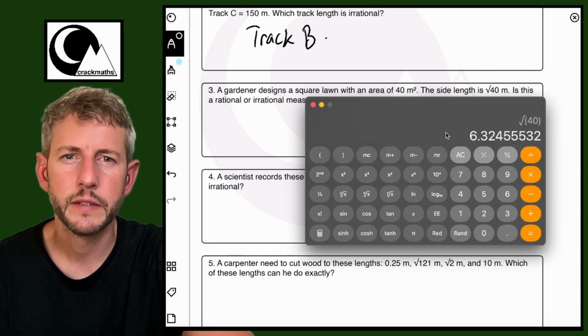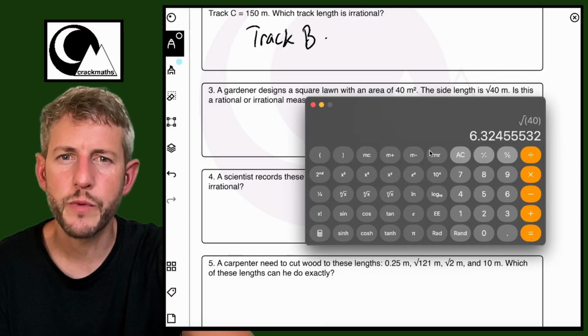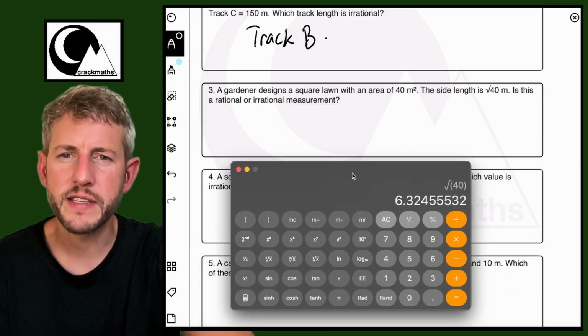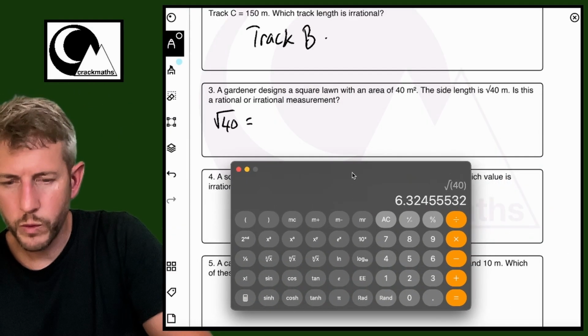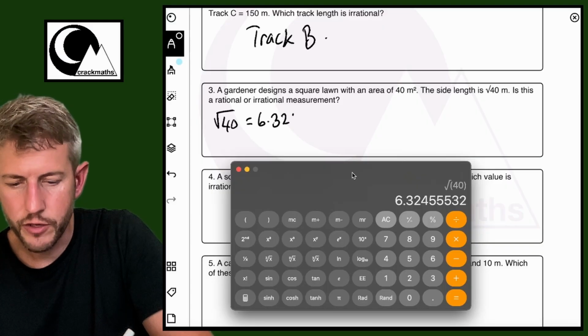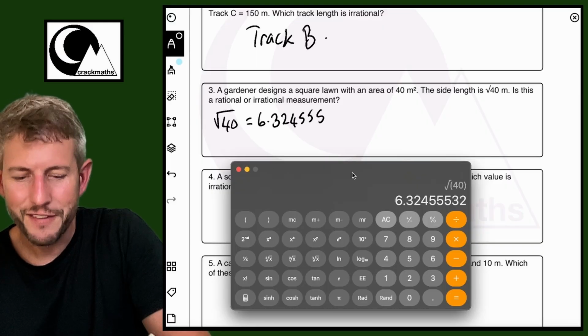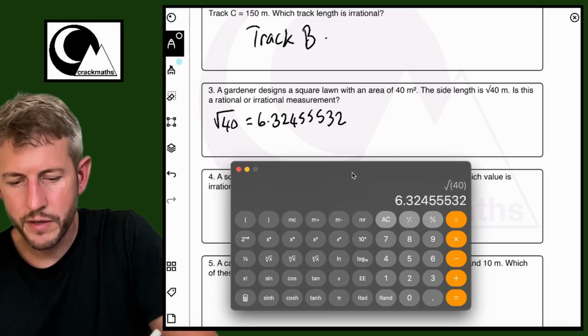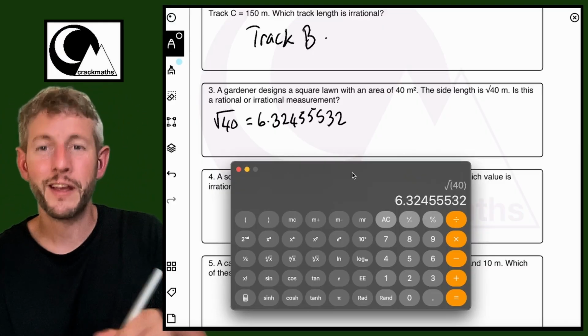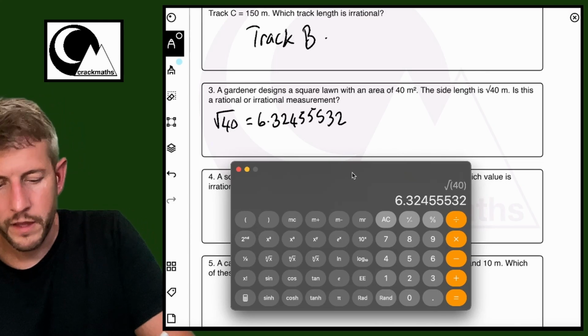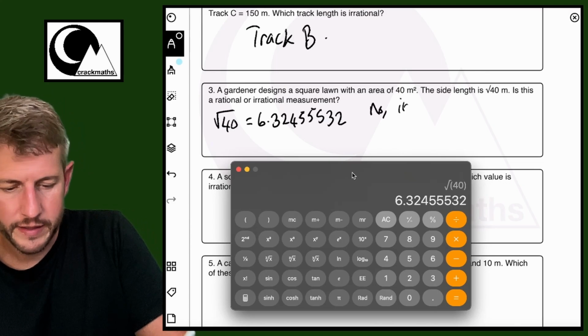So here we go. Nope. So we've got that here. I'll write this down. Root 40 equals 6.32455532. It looks like there was almost a pattern with the 5s, but no. Irrational. Okay. No. It is irrational.